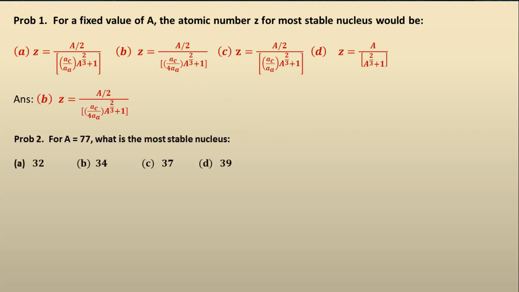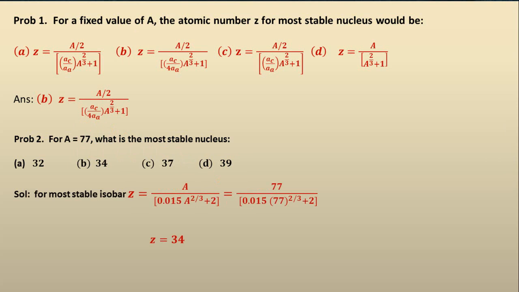Okay, now the next problem is, for A equals 77, what is the most stable nucleus? आपको atomic mass given है ना, आपको Z calculate करना है, and that will be the most stable isobar. Either you can use this formula, because there is no value of these two constants AC and AA in the question, so you can use this formula.